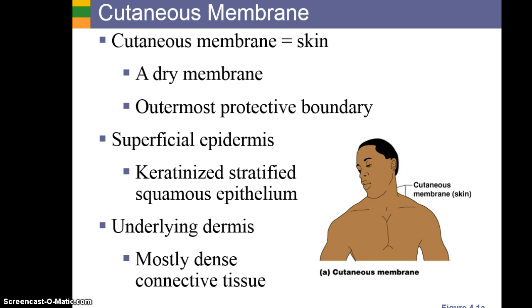So to finalize that, the superficial epidermis is another example associated with the cutaneous membrane, and remember that is the outer layer of your body. And for number 1, the keratinized stratified squamous epithelium, remember this goes with number 2, that keratin was an insoluble protein, meaning that it can't be broken down with water or when it's exposed to water.